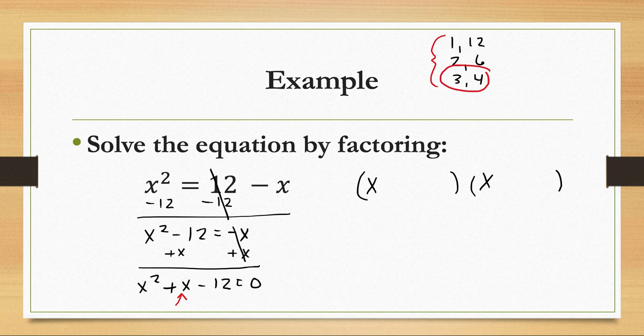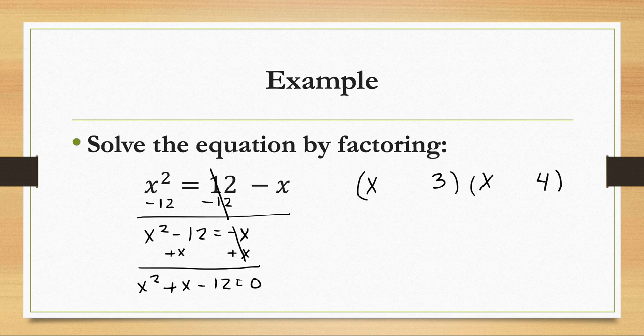So I'm going to go ahead and plug in the 3 and the 4 for my last terms. Now let's think about the signs. This 12 needs to be negative, which means one of these terms needs to be positive and one of them needs to be negative. Okay?